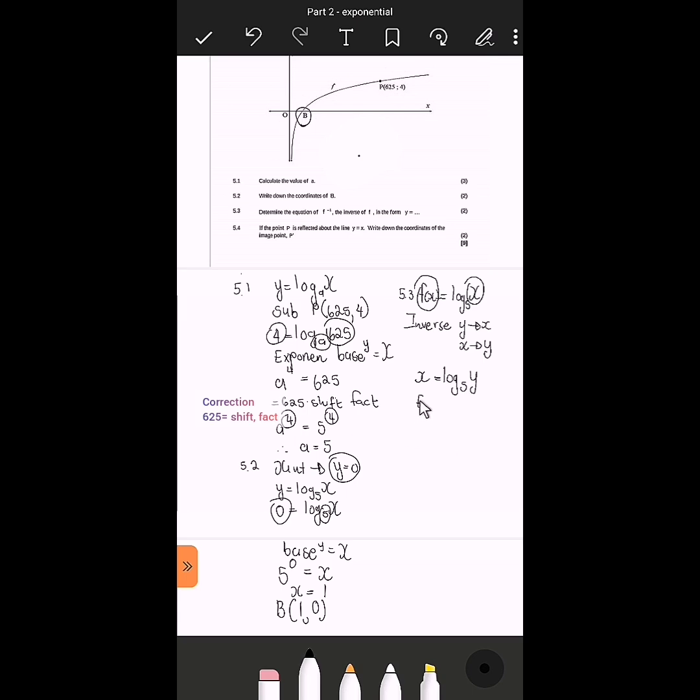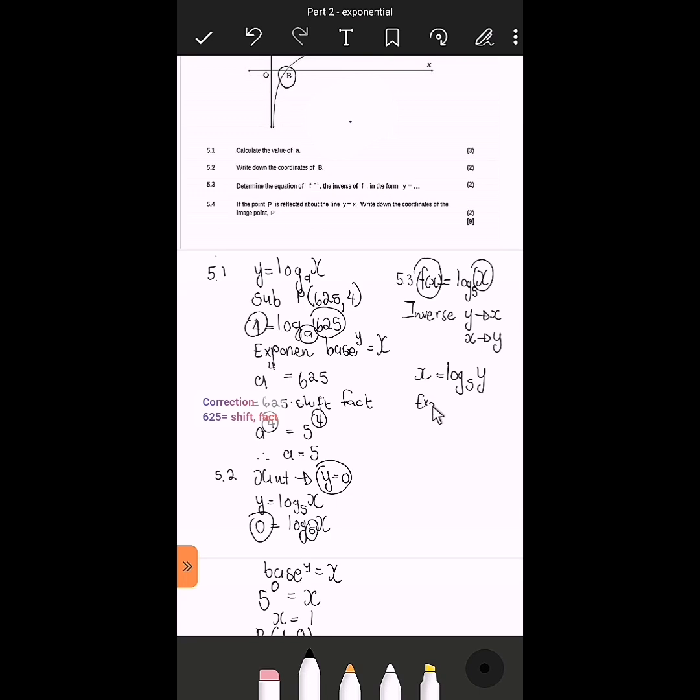Then we're going to write it in exponential form, which is base to the power of y equals x. So the base in this case is 5.